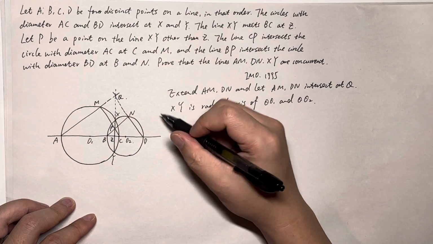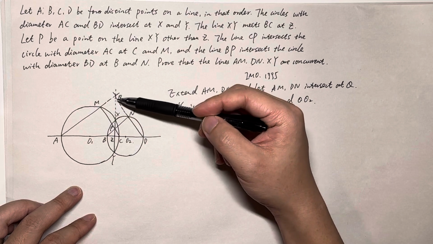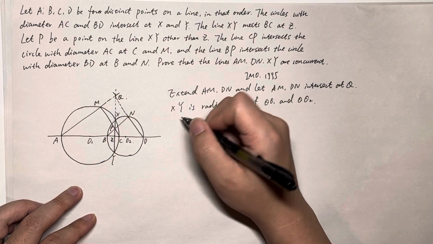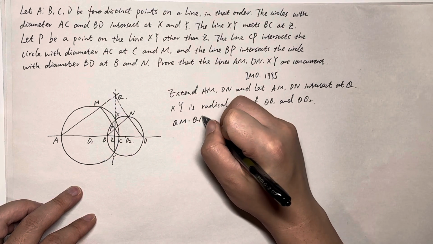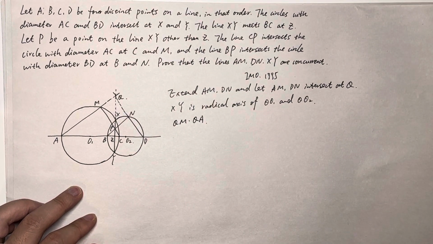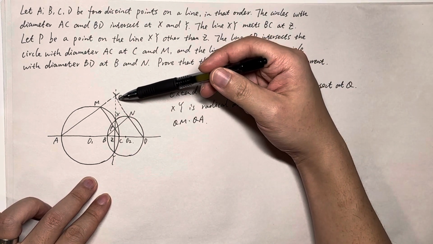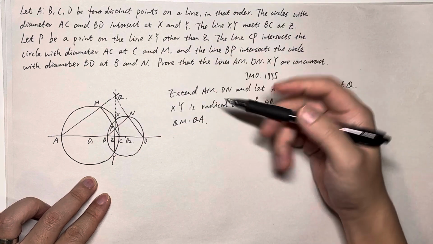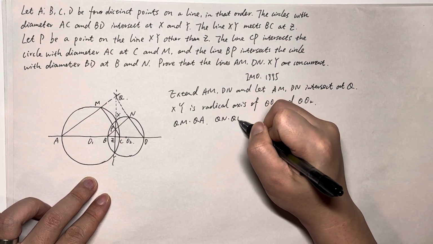So the power of Q to the circle O1 can be calculated as QM times QA, right? And the power of Q to the circle O2 can be calculated as QN times QD.